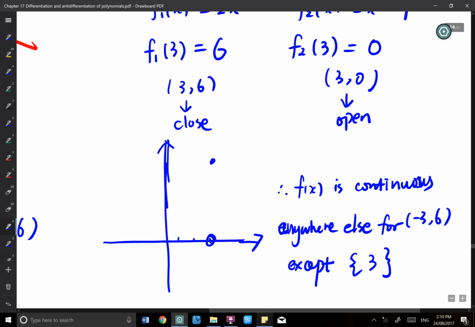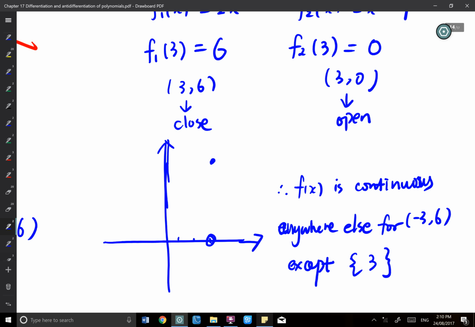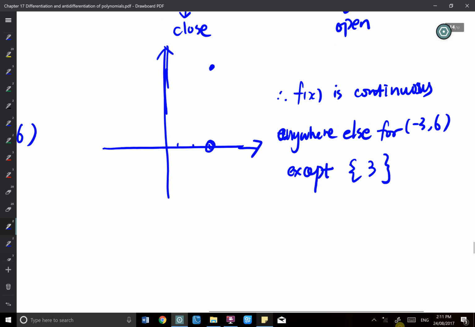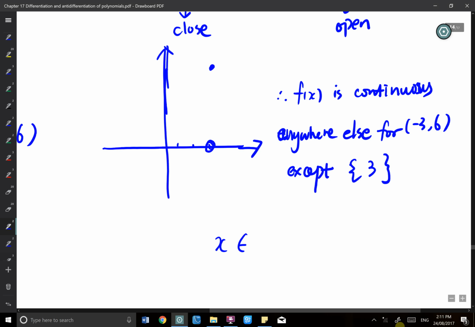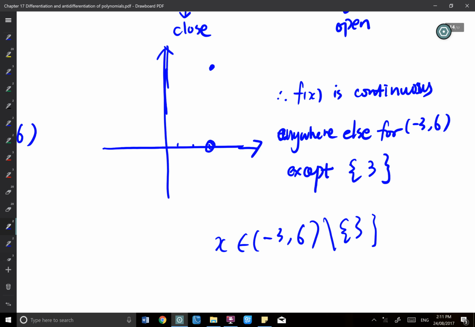Okay, so for all the rest, it's fine. From -3 to 6, but only 3 doesn't work. Okay, only 3 doesn't work. Or you can say x belongs to -3 to 6 except 3 is continuous. Okay, that range is continuous. From -3 to 6 is continuous, excluding 3.